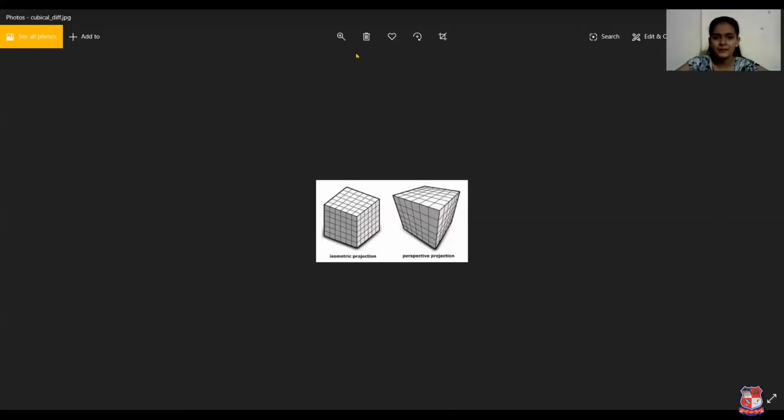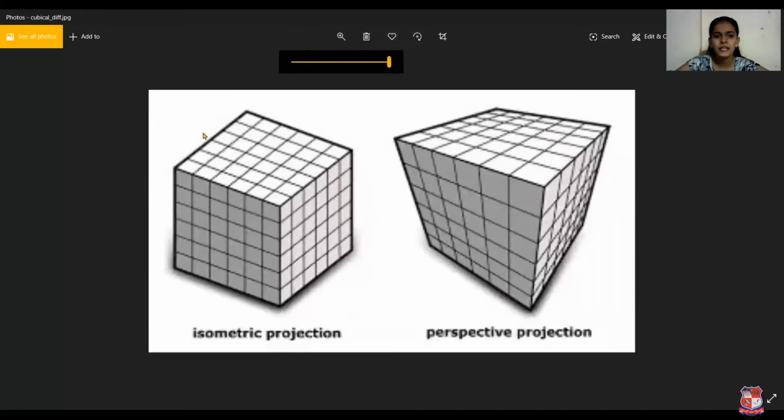So, here is a figure of isometric projection and perspective view. In the very first figure, you can see the isometric. It's a cube-like object here. We can see the three faces of the cube in both the projections. But in isometric projection, you can see that there is a similarity in all three faces of the cube.